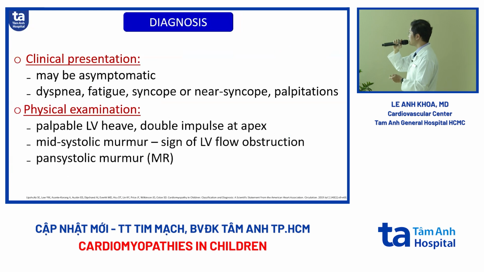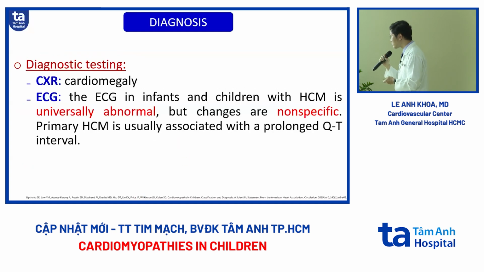For the clinical presentation, the patient may be asymptomatic or have some non-specific symptoms like dyspnea, fatigue, or syncope. The physical examination may show a double impulse apex or a palpable LV heave, or we can hear a mid-systolic murmur and a holosystolic murmur of the MR. The chest X-ray may show cardiomegaly.